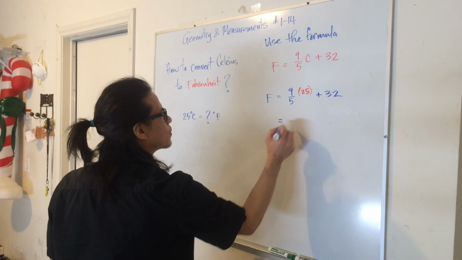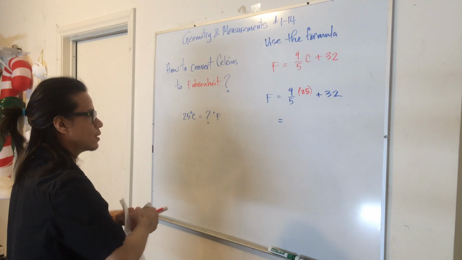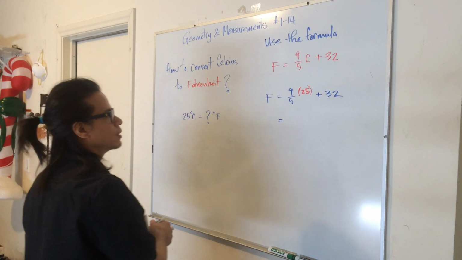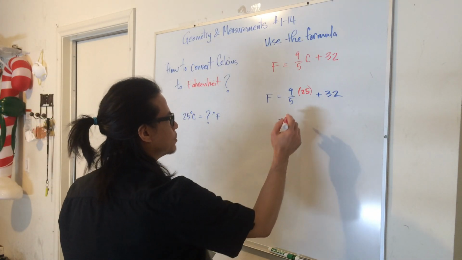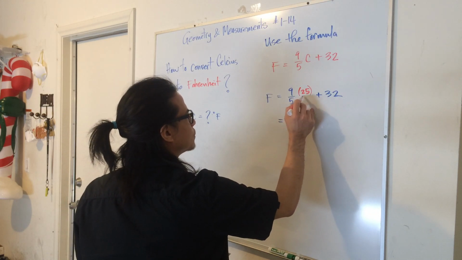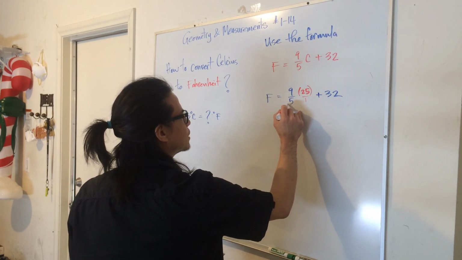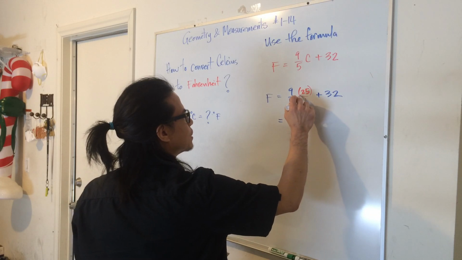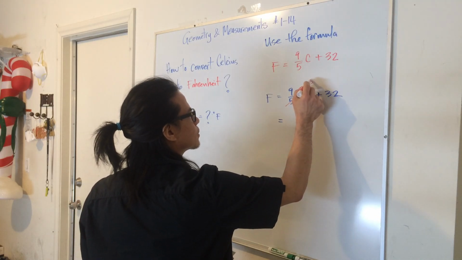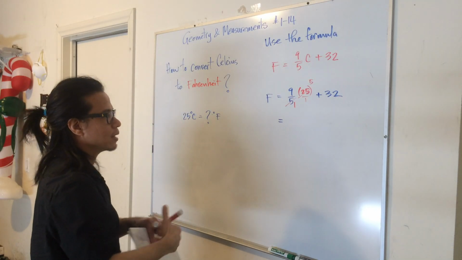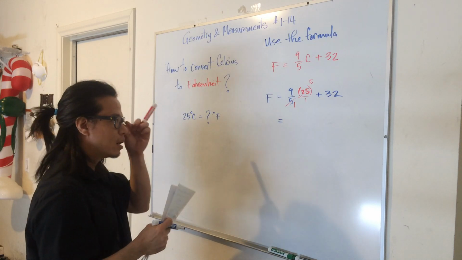Okay, so here we can do some simplifying before moving on. 5 can go into itself 1 time and can go into 25 5 times. We want to keep our numbers small.